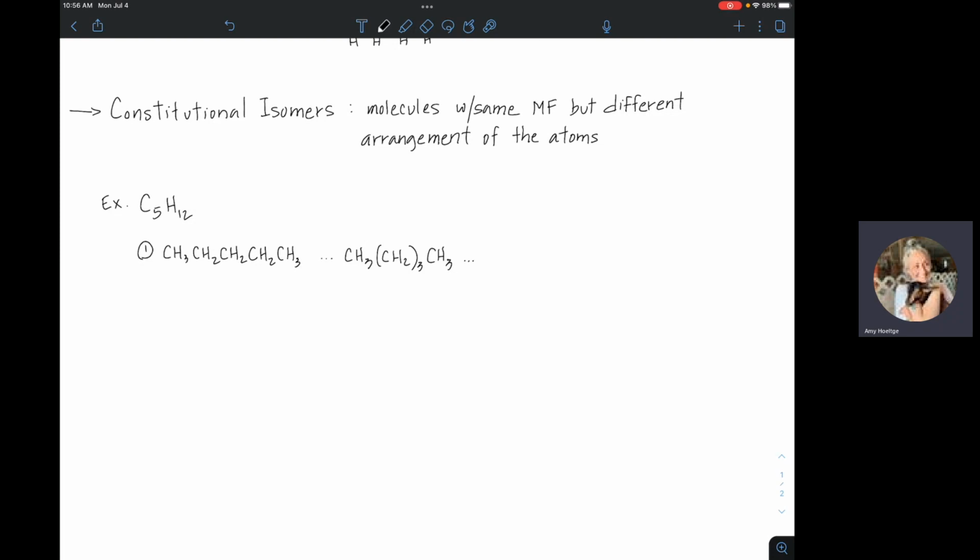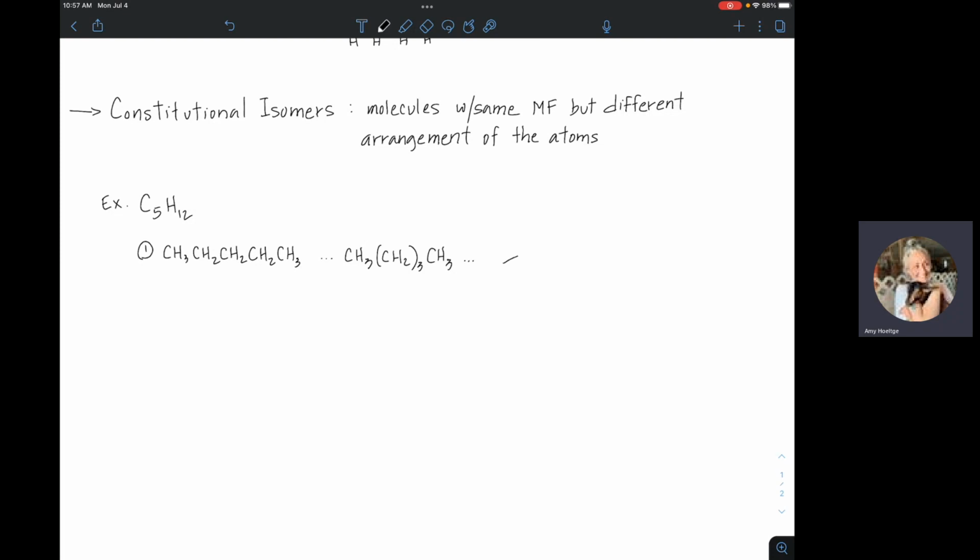If it's a carbon that's not bonded to a hydrogen, say it's bonded to an oxygen or a nitrogen or whatever, you would write that symbol in. So I'd put an O or an N or a P or whatever. But for hydrogens, they're just implied. So in other words, instead of CH3, CH2, CH2, CH2, CH3, I could write a line like this.